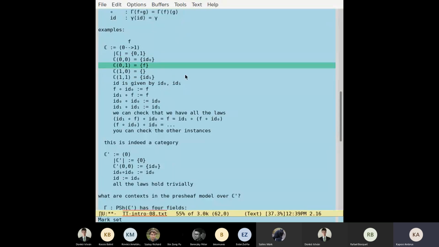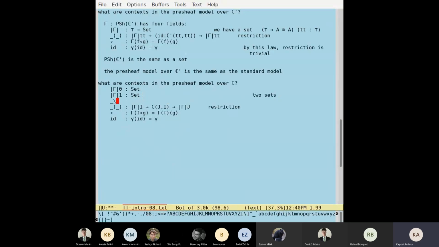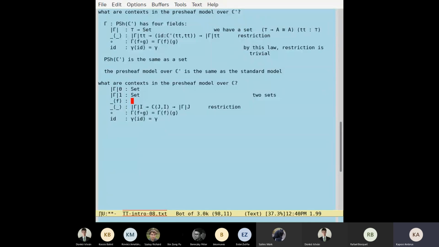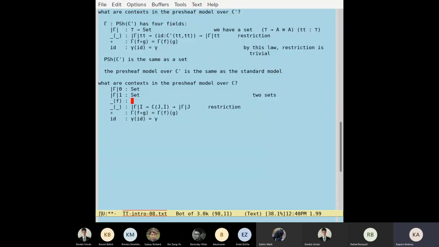And from 0 to 1, we have one morphism F. So the only interesting thing here is when I use the F morphism, which goes from 0 to 1, right? So then this needs to be 1 and this needs to be 0, okay? So the restriction goes from 0 to 1. And again, as I said, the identity on 0 will go from 0 to 0.